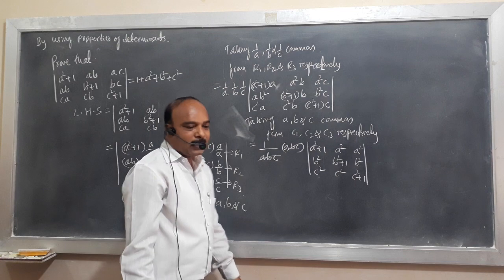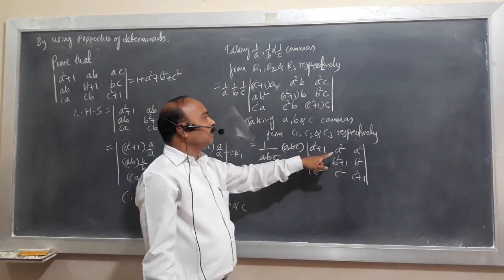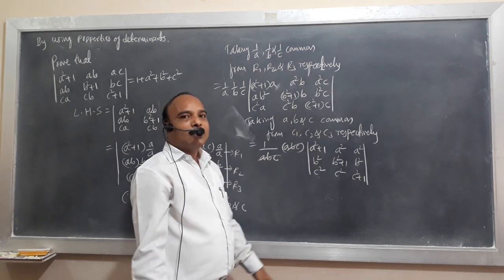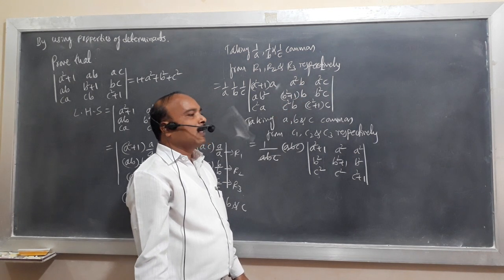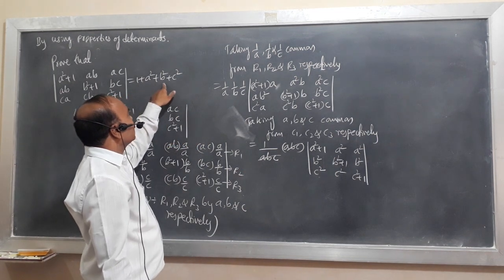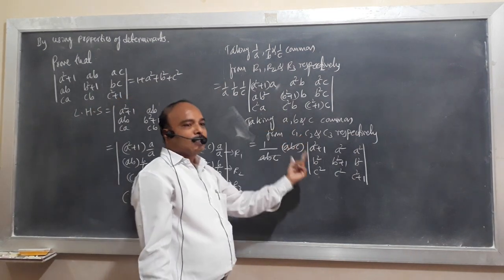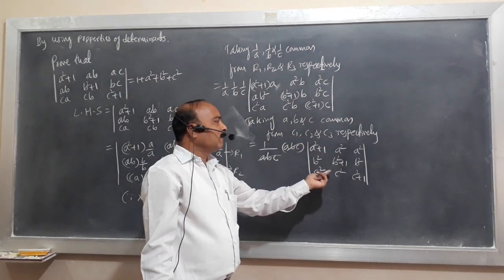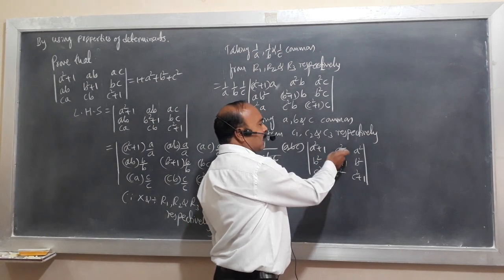That means we are changing the given determinant into another determinant by some row and column transformations. Now we observe that for getting the right hand side, the answer is 1 plus a square plus b square plus c square. Now how can you get this answer? Just by observing the determinant, we see that if we add all the three rows, we get the direct answer.